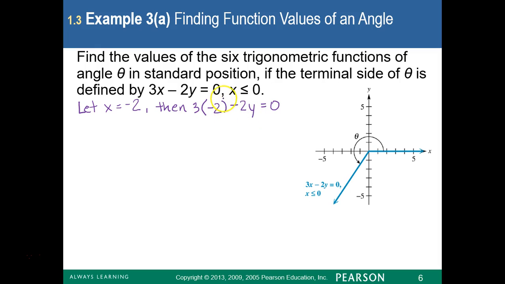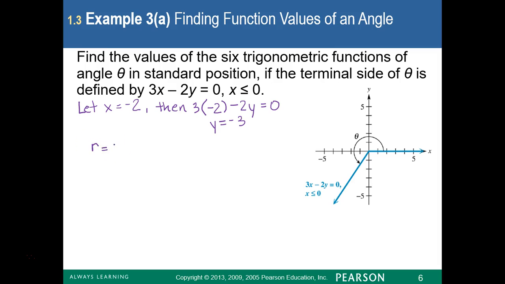And when you do this, we get the value that y is equal to negative 3. So when x is negative 2, y is equal to negative 3. Now that we have our x, y value, a point that is on here, so here's our point right there on our xy axis, we can solve for r.